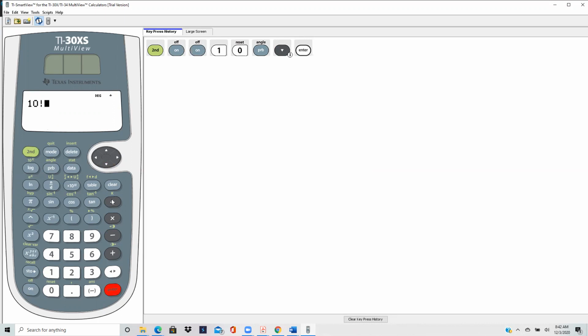And then you want to divide it by 2 factorial times 2 factorial, right? Yes. So I will put a parenthesis. Now you can type 2 factorial, or if you know that 2 factorial is 2, then you can just type 2. But just for the sake of the video, I will write 2 factorial, although I know it's 2.